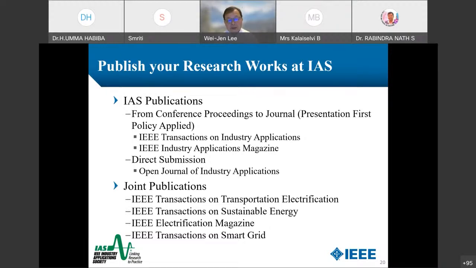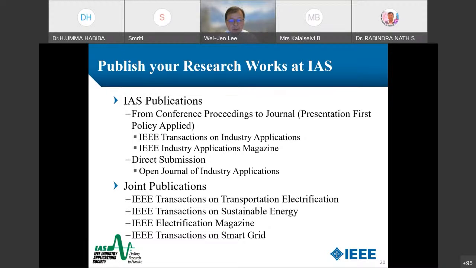We also have direct submission: the Open Journal of Industry Applications, or, like Dr. Hima mentioned, special issues, which are direct submissions. For the open journal, the author pays. If you have a special issue, then it's reader pay. So this is the difference between the two submission routes.